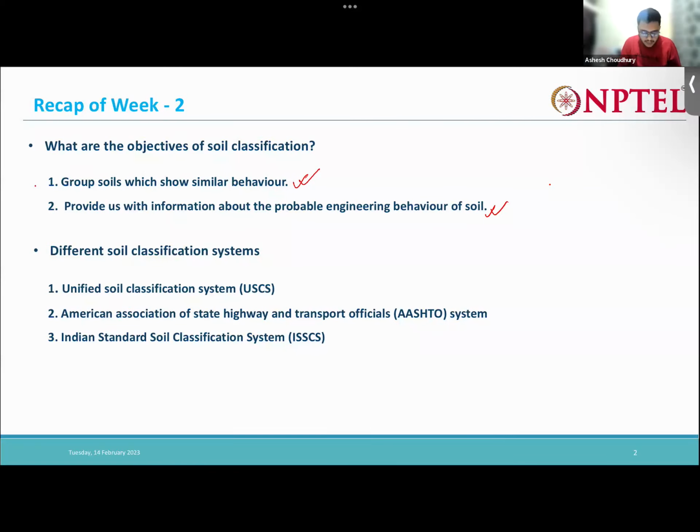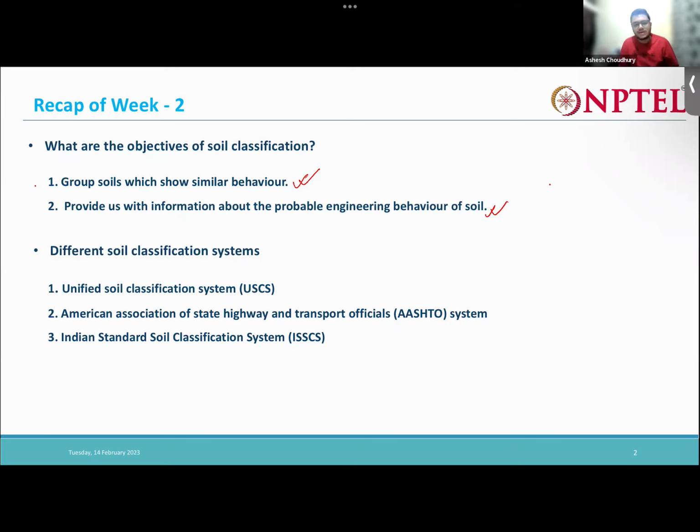Now, there are different soil classification systems available. The principal three important classification systems are the Unified Soil Classification System, called the USCS system.